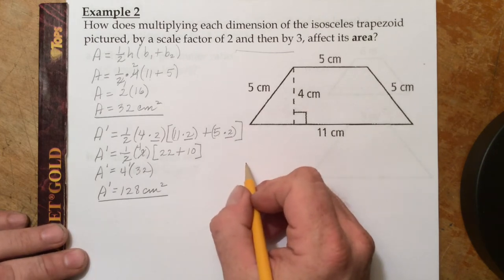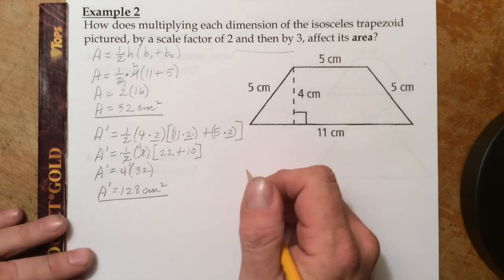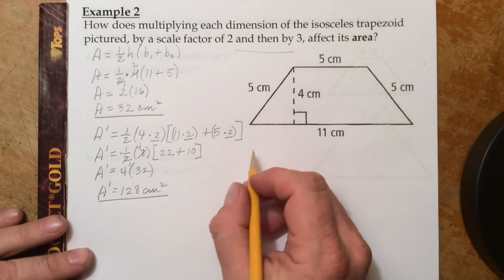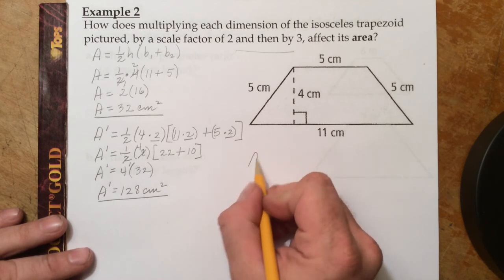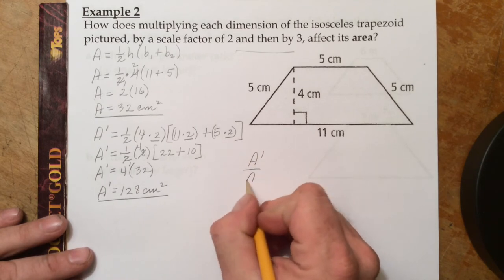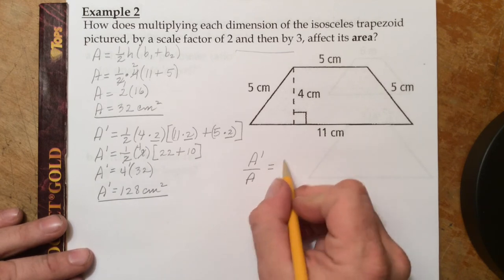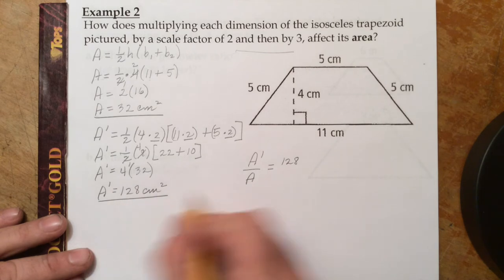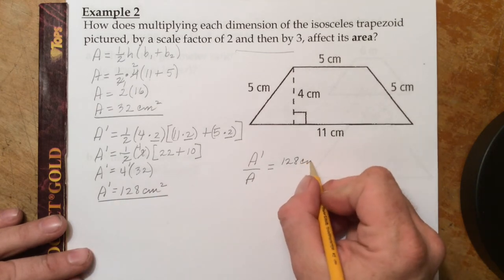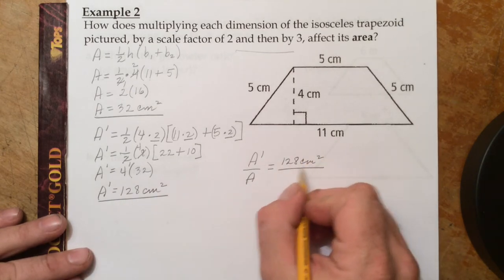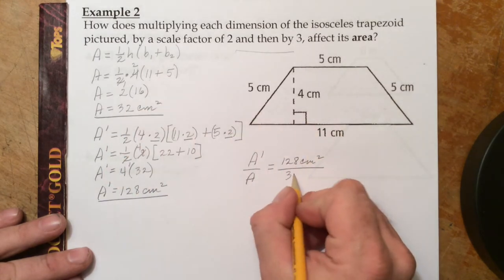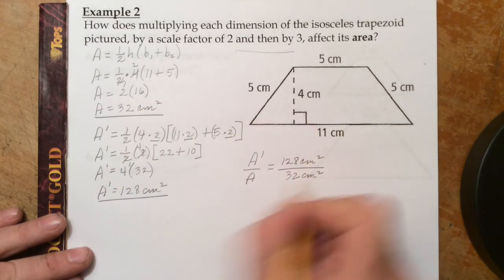Again, to determine the factor of change, we take A prime this time over A. Last time we took P prime over P. So this would be 128 square centimeters, our new area, over the original area, 32 square centimeters.